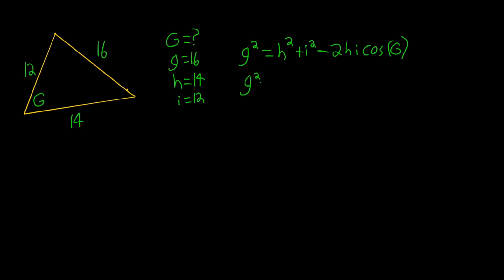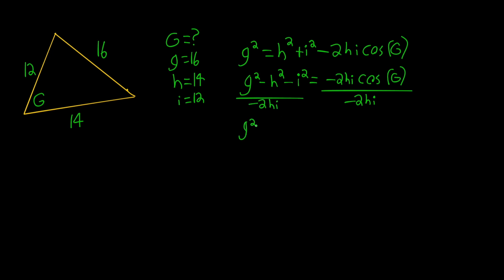So g squared minus h squared minus i squared is equal to negative 2hi cosine of G. At this point, we'll divide both sides by negative 2hi. And this gives me g squared minus h squared minus i squared divided by negative 2hi is going to give me the cosine of my unknown angle G.